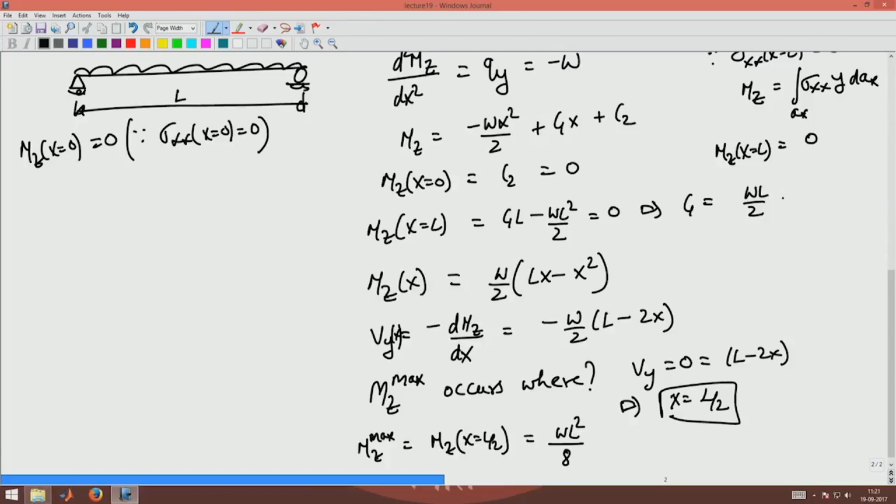That is the maximum bending moment, and this shows that the shear force is 0 when the extreme bending moment occurs.